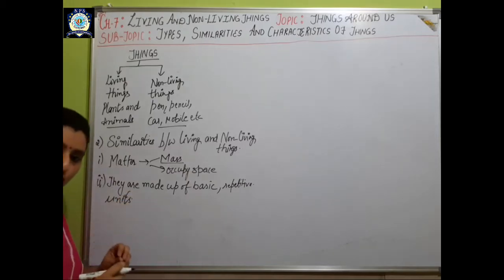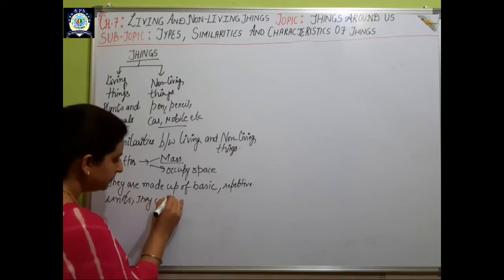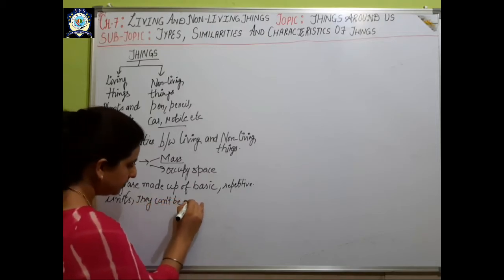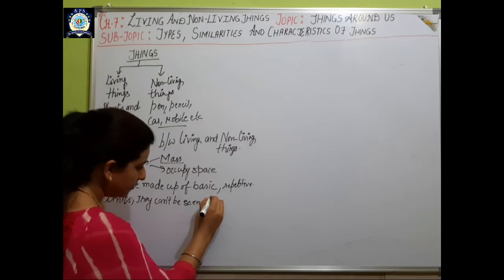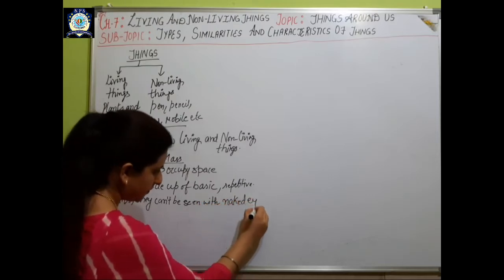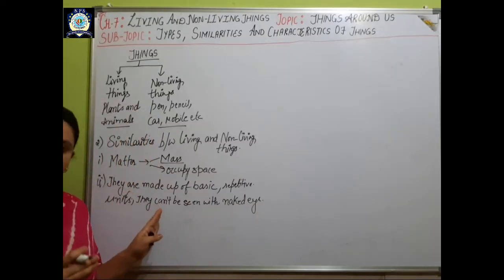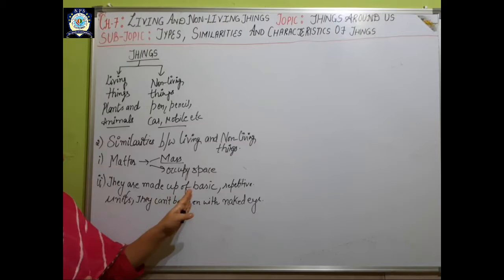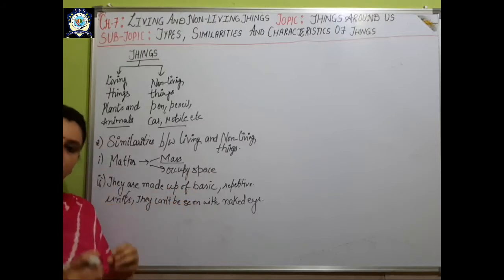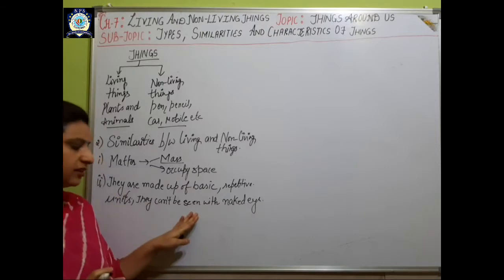They are so small that they can't be seen with the naked eye. So all the living and non-living things are made up of basic, simpler, repetitive units, and these units are so small that they can't be seen with the naked eye.